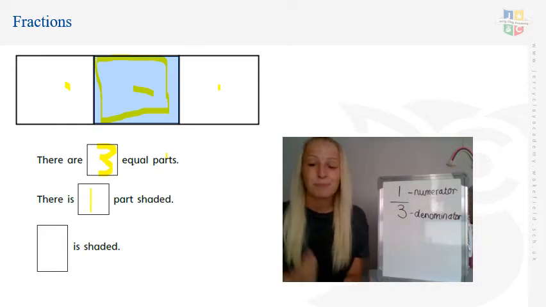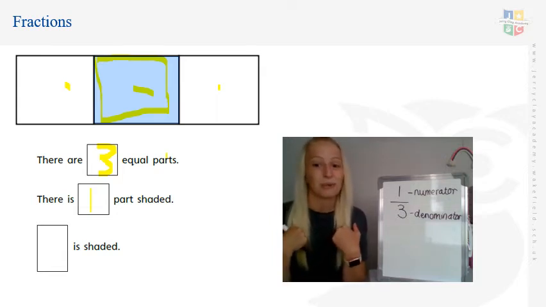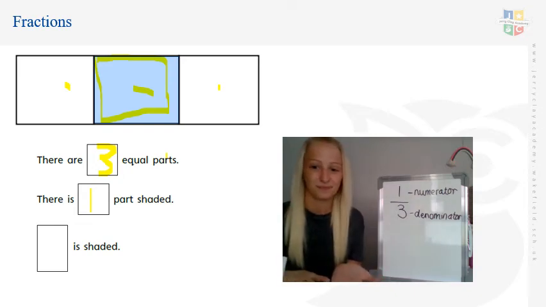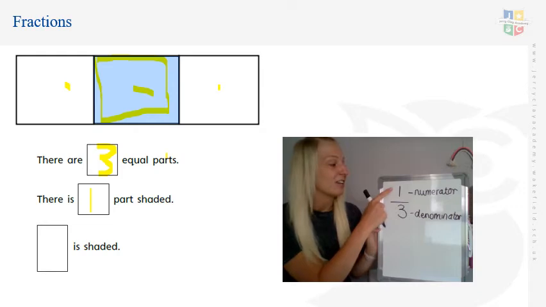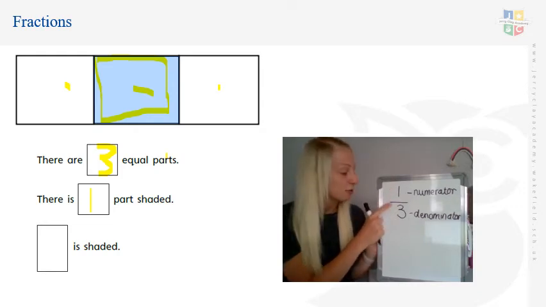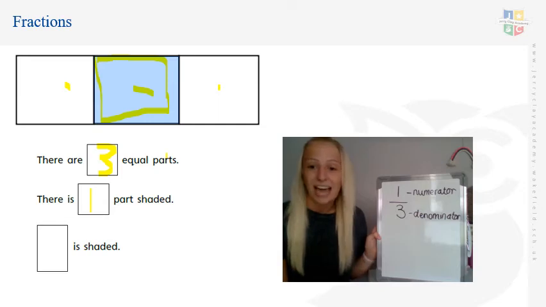Denominator. Brilliant. Denominator means how many equal parts. Let's say that together. Denominator means how many equal parts. Excellent. So here there is 1 part shaded out of 3 equal parts, and this is how we represent our fraction.